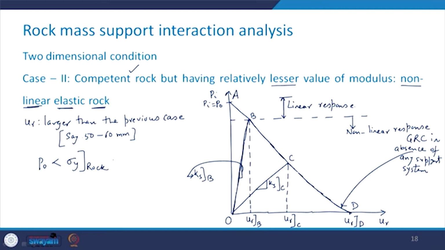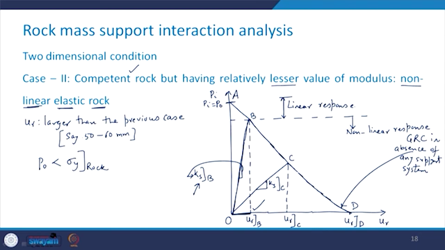So, you see that if we are able to allow this much deformation to take place, then we can provide the stiffness like this. But if we want to arrest again the complete deformation, the stiffness of the support system will again tend to infinity.